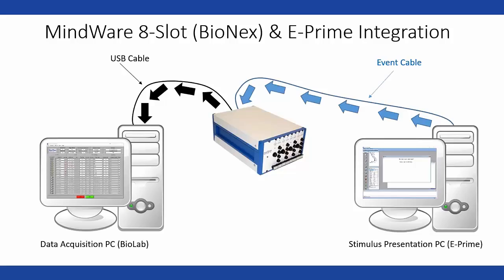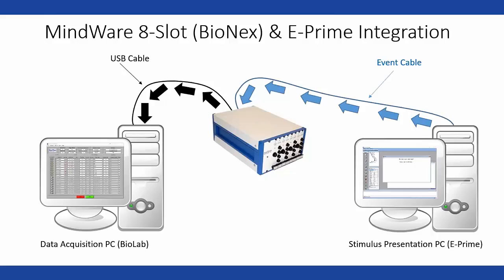The idea is that we have BioLab running on the left, and it's waiting for events that are captured inside of the chassis, but are being sent from the stim PC. So you'll have this event cable. This is typically a parallel port cable or a DB25 connection, line print terminal, all of those.